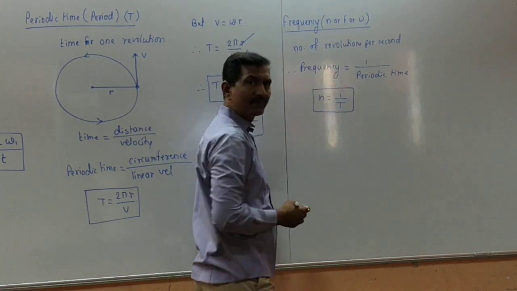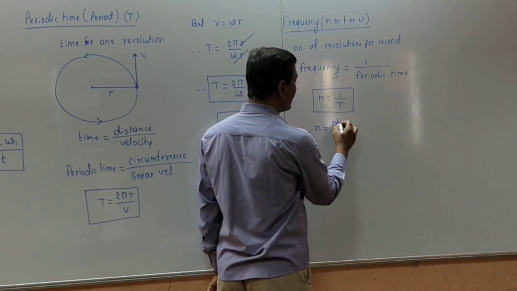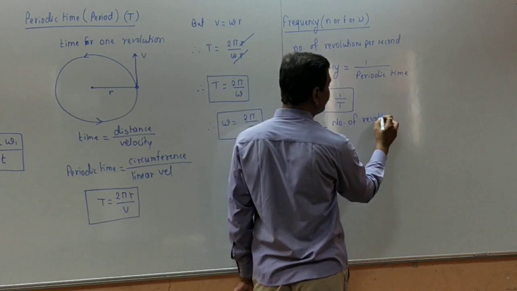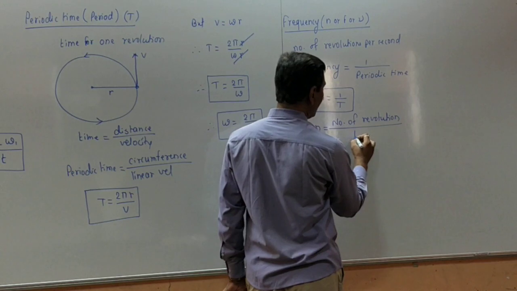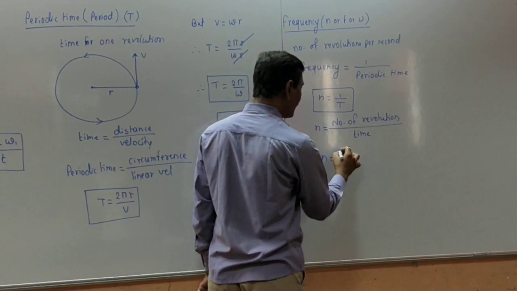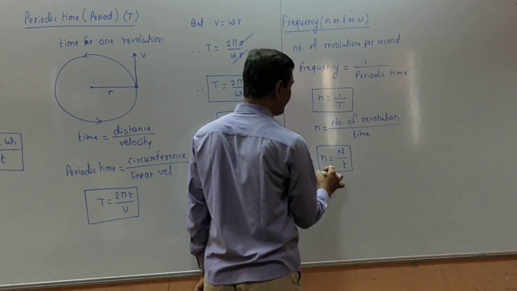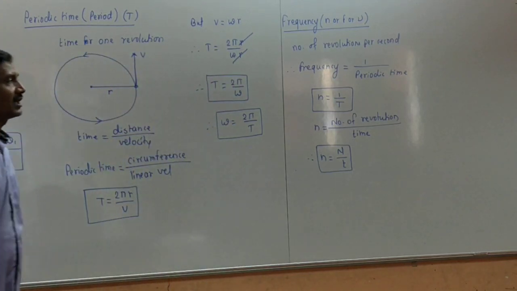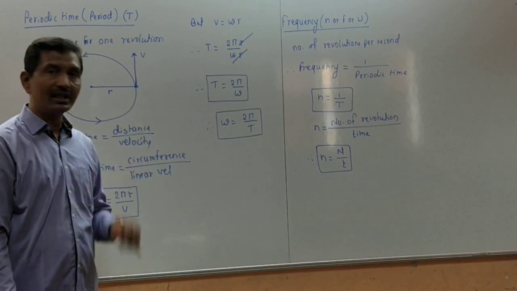And according to our definition, what is the frequency n? The frequency n is the number of revolutions upon time. So therefore it is small n is equal to capital N upon T. Number of revolutions per second is called the frequency. Frequency is the reciprocal of the periodic time.